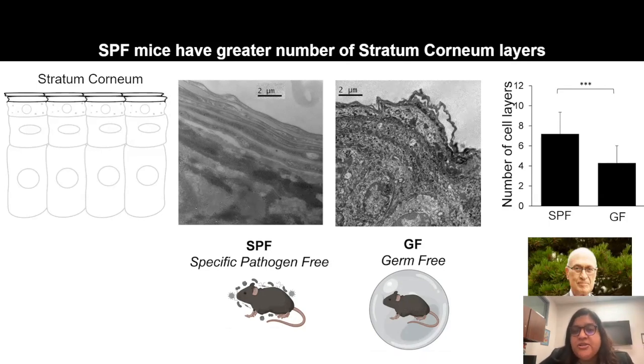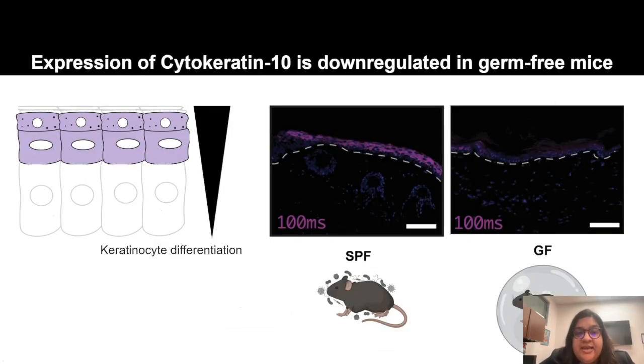Now, I told you also that a lot of genes that we saw were implicated in keratinocyte differentiation. So, if we were to stain protein markers specifically, what we found is that germ-free mice showed a downregulation of some of these genes compared to SPF mice.